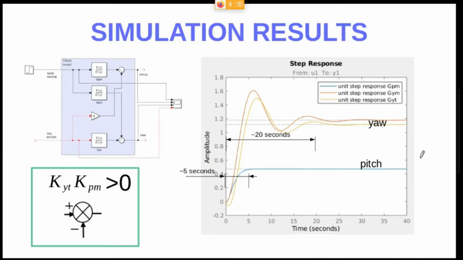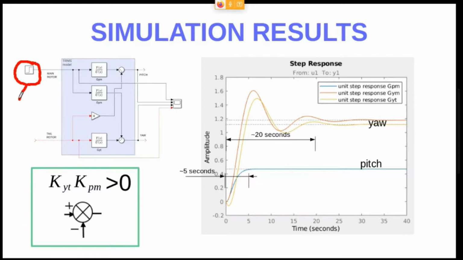Well, first of all, in order to consider the specifications for the controlled system, let's do the simulation of this open loop model we have built before, right? We have applied a unit step function for the main rotor.